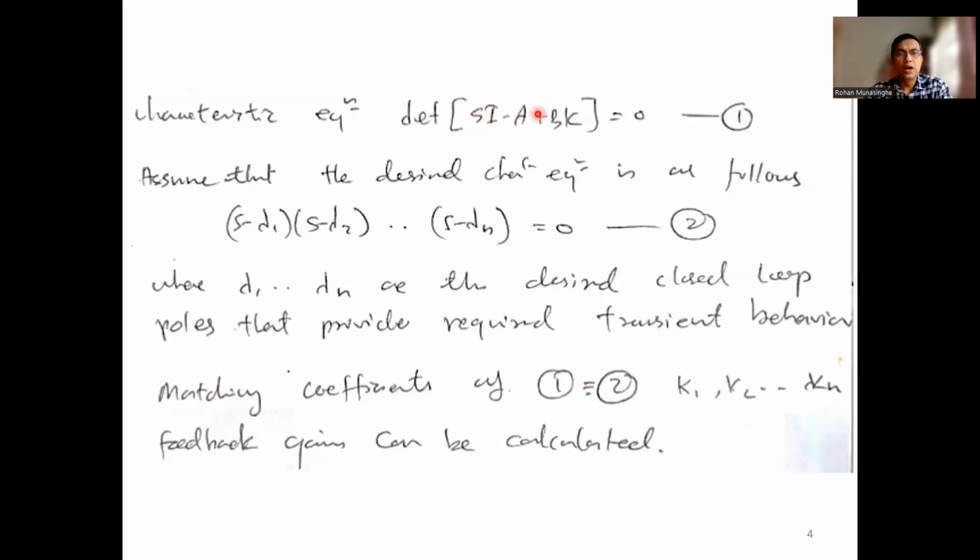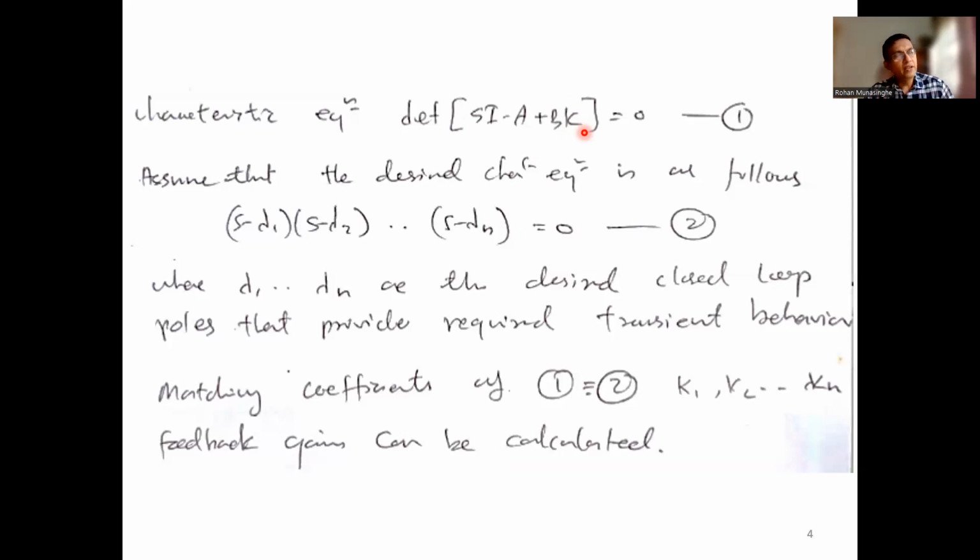So now we know that we can leverage these values, the feedback gains, to shape the characteristic equation and actually place the poles wherever we want.